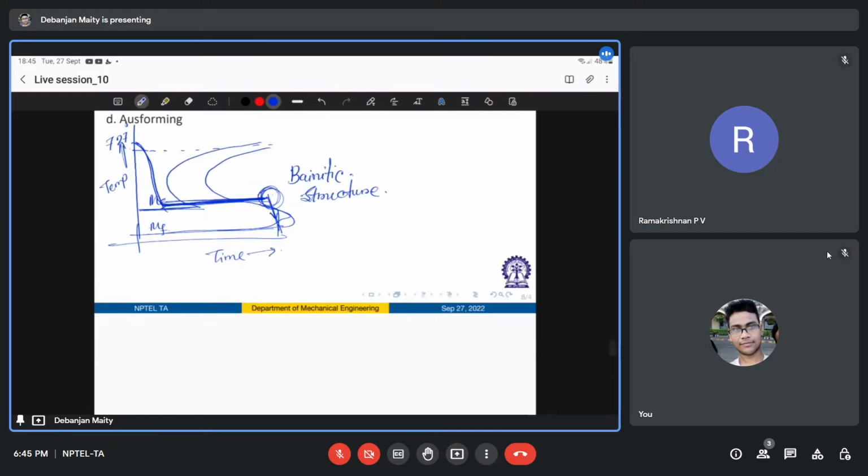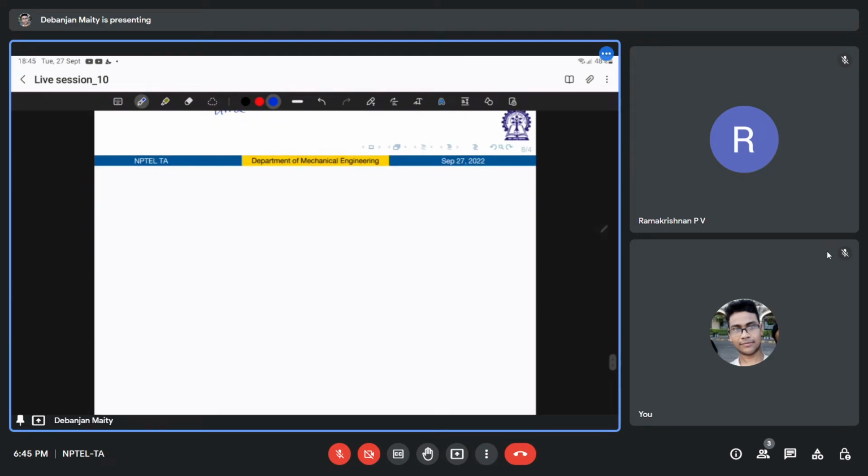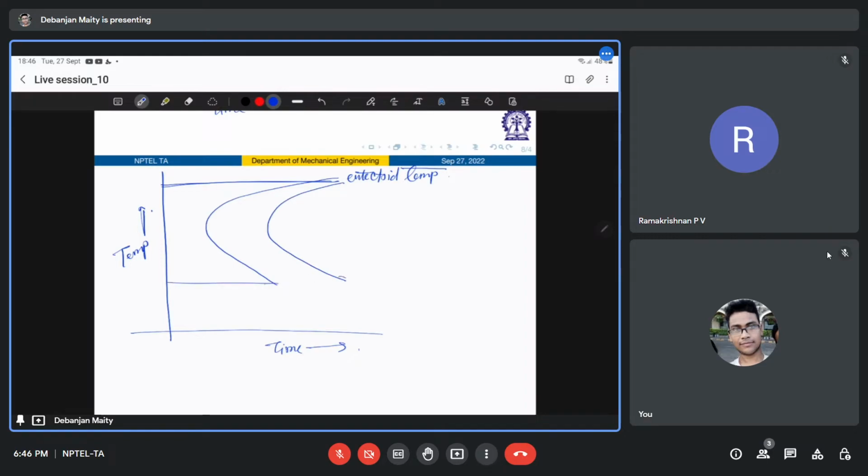So in terms of martempering, if you try to draw it, you have time scale, you have temperature, and then you are converting it. In terms of cooling, you cool it here and stay up to this much portion, and then again you cool it.